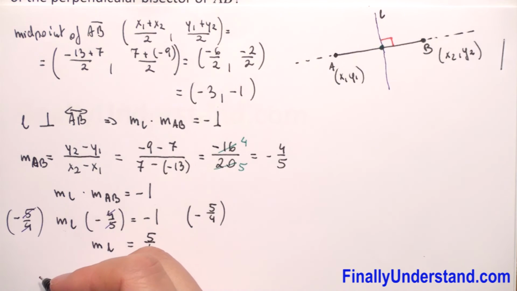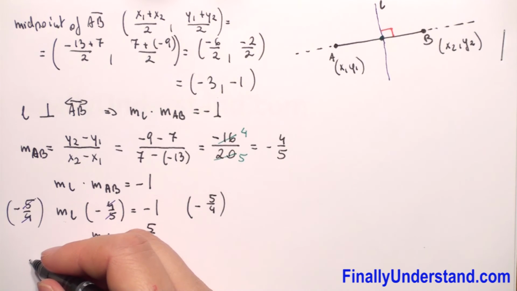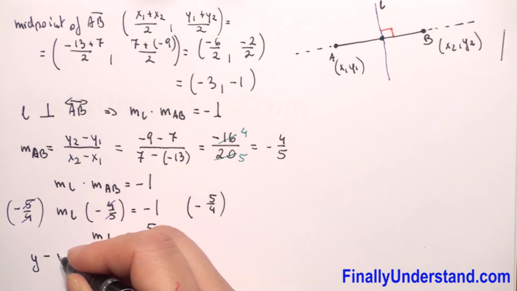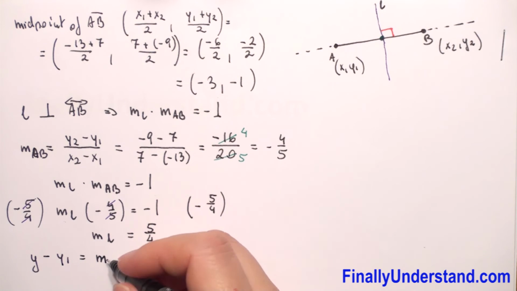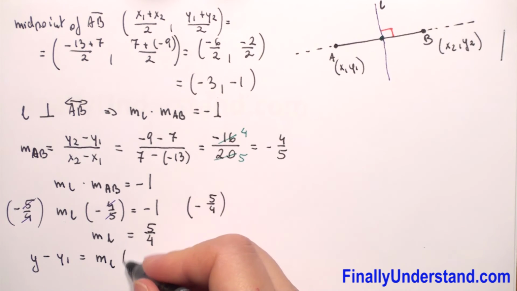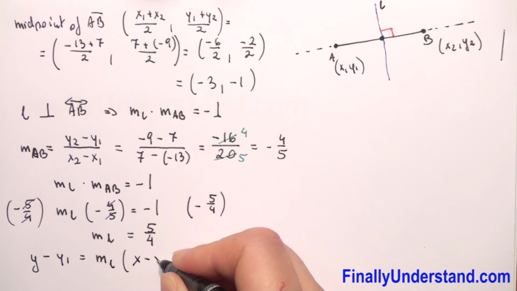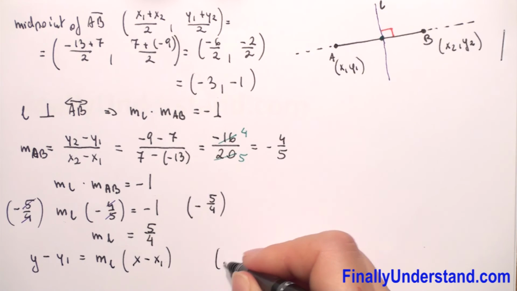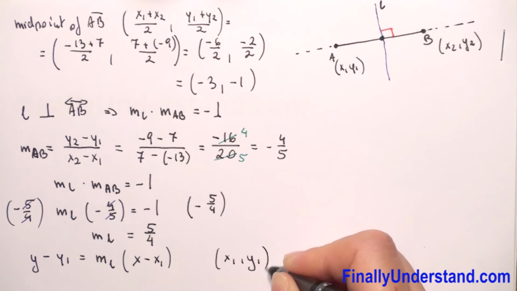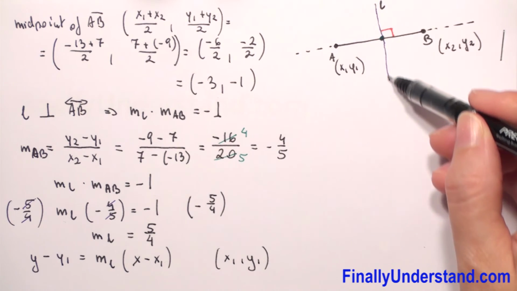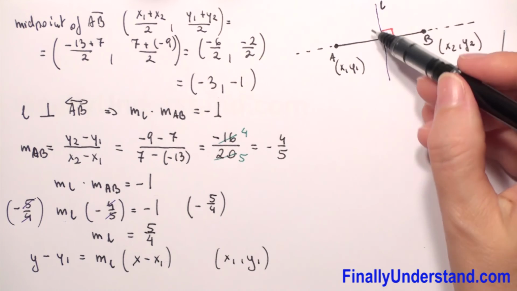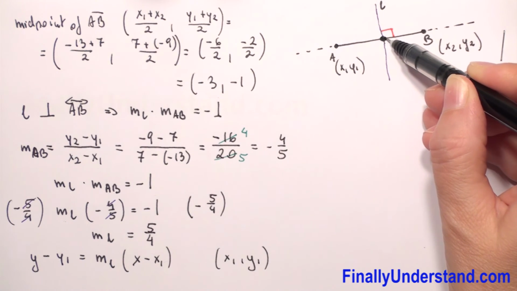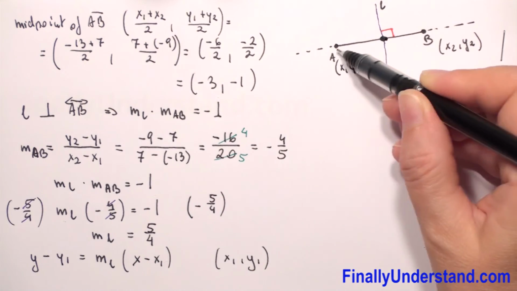So the formula, when we have one point of the line given, is y minus y1 equal to the slope of line L times, in parentheses, x minus x1, where x1, y1 are the coordinates of our midpoint, because this line L passes through this point, and this point is the midpoint of AB.